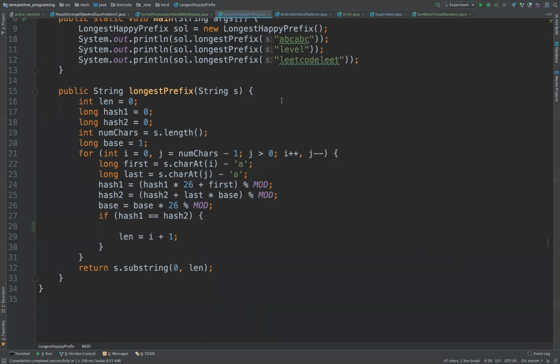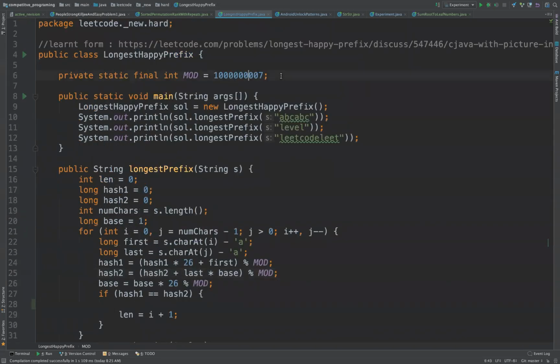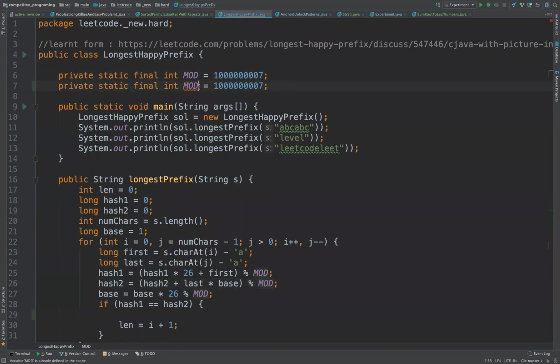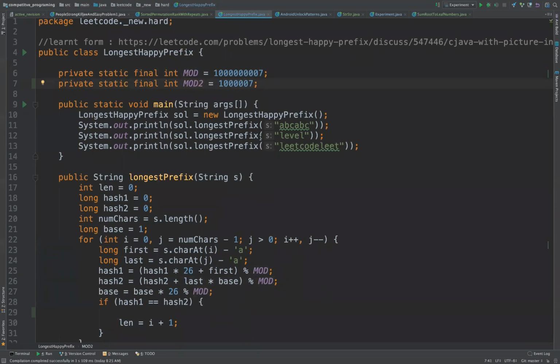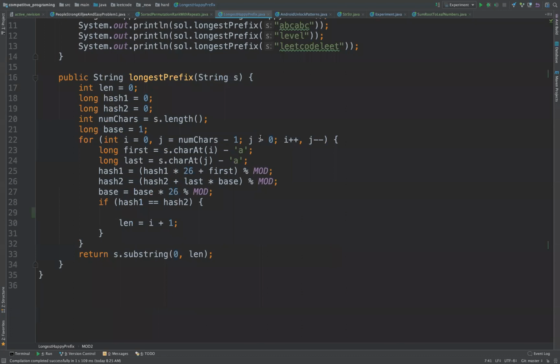There is one more approach, a little non-deterministic one. Instead of calculating one hash from forward and one hash from backward, you can take one more mod, say mod 2, some other number, and calculate two hashes from forward and two hashes from backward, and check for equality of both hashes.